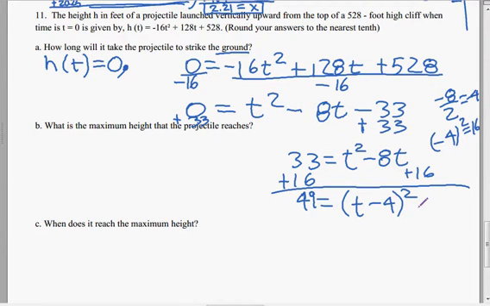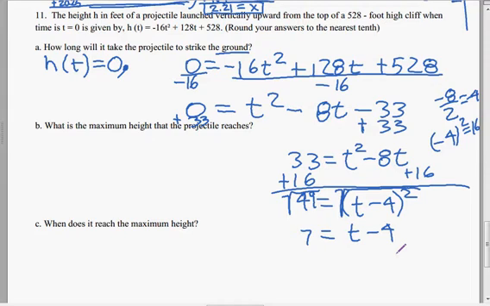So I go to take the square root of both sides. I get 7 equals t minus 4. And we know mathematically negative 7 could also equal t minus 4, but that would be before the rocket is launched.